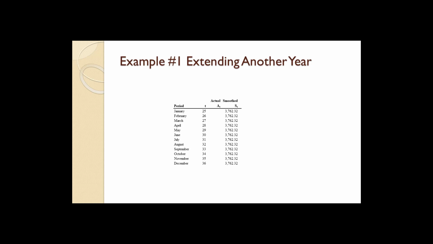The reason is simple. The old January value is missing part of the trend from February, February is missing part of the trend from March, and so on. Some of that trend is picked up by the t value, but you can see that the S sub t grows from 3,111 in January to 3,762 in December, so some of it remains in the smooth values. Without new actual data, we cannot revise the trend component, so we're using the values from last year.